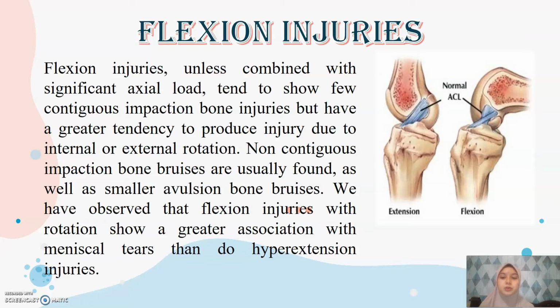Non-contiguous impaction bone bruises are usually found as well as a small avulsion bone bruise. We have observed that flexion injury with rotation shows a greater association with meniscal tear than the hyperextension injury.